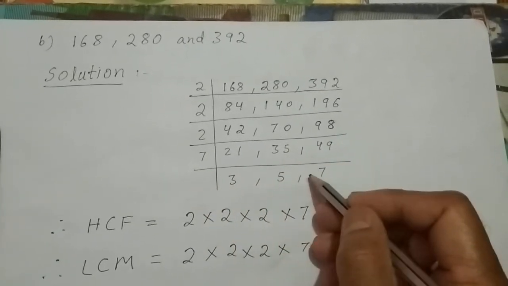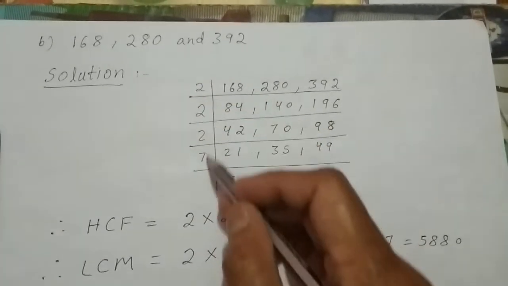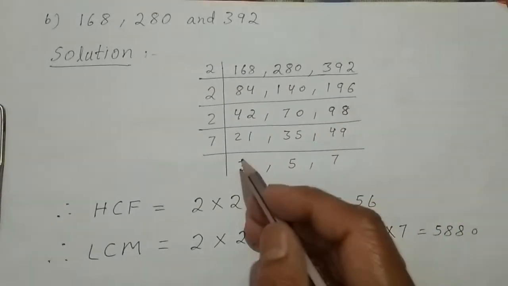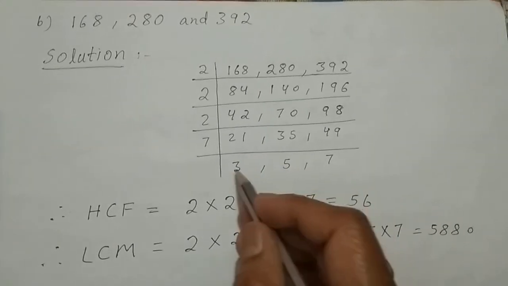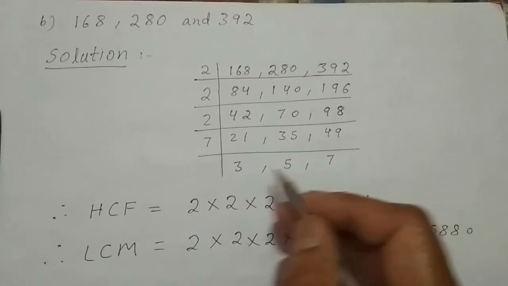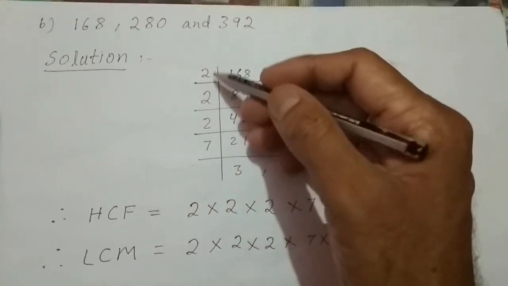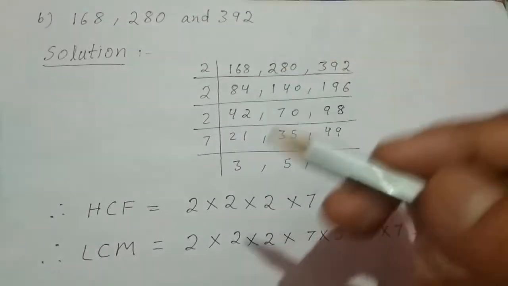7 into 3 is 21, 7 into 5 is 35, 7 into 7 is 49. So these are the common prime factors. Now if we use these numbers, they are not common. So these are the common prime factors. When we multiply the common prime factors, we get HCF.